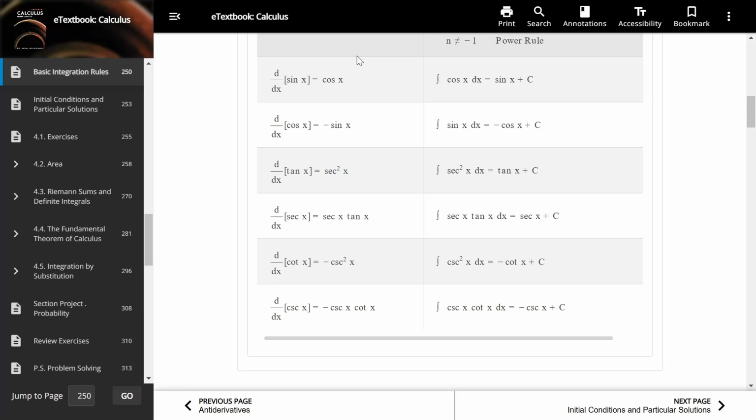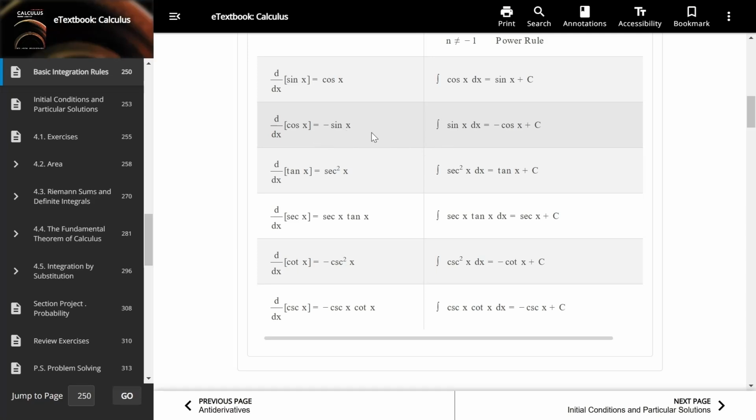Let's say that you had the integral of sine x. You can think of this sine x as the result of a differentiation that you did before. So what shall I differentiate to find sine x? Well, cosine will give me minus sine x, so I just need to do minus cosine x. That's what is said here, because the derivative of cosine x is equal to minus sine x.